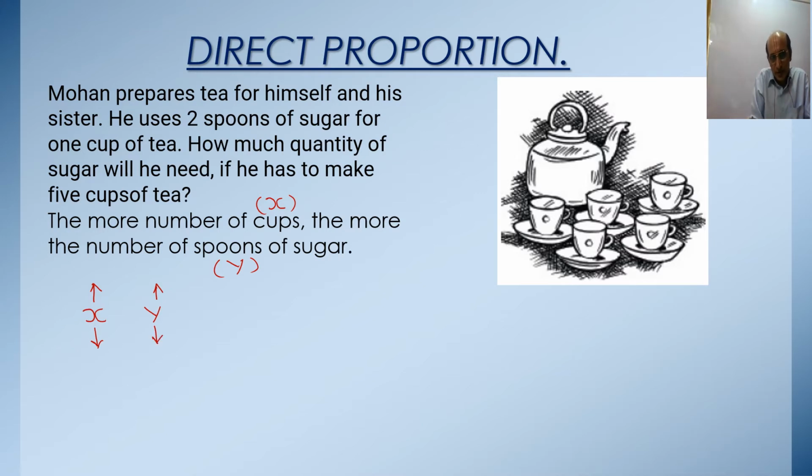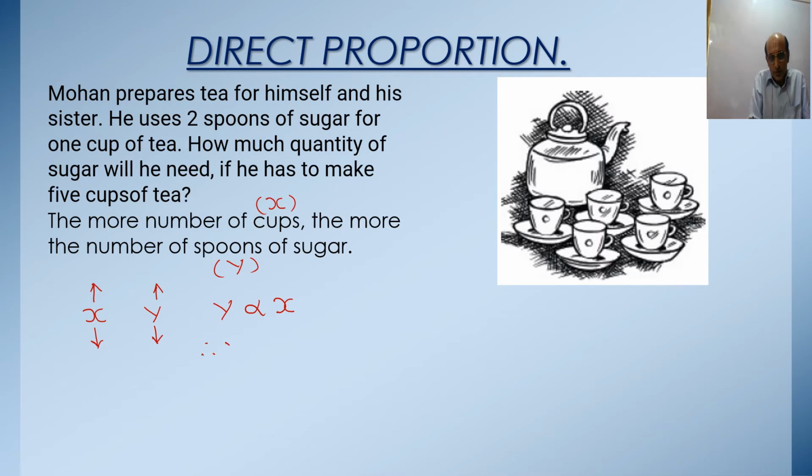So here we find that Y is directly proportional to X, meaning X and Y are two values such that if one value increases, the other also increases. This is known as direct proportion.